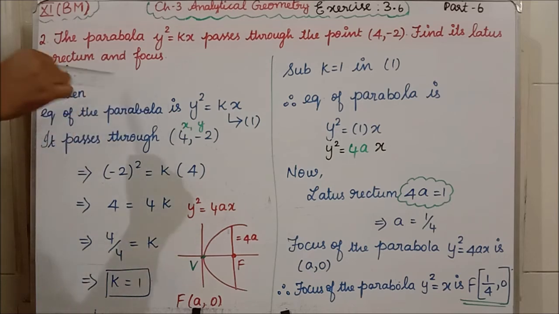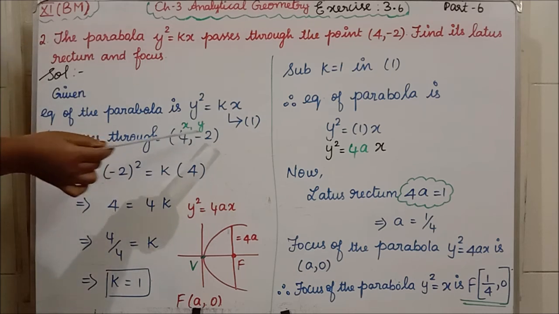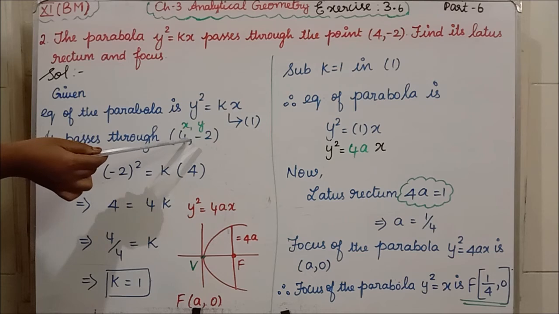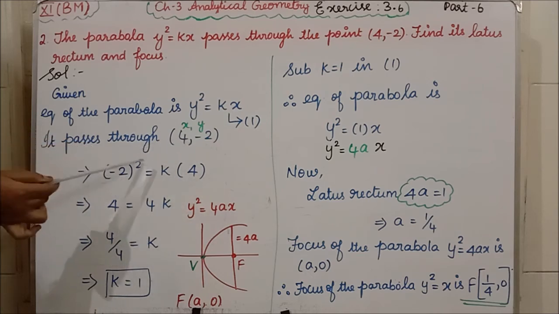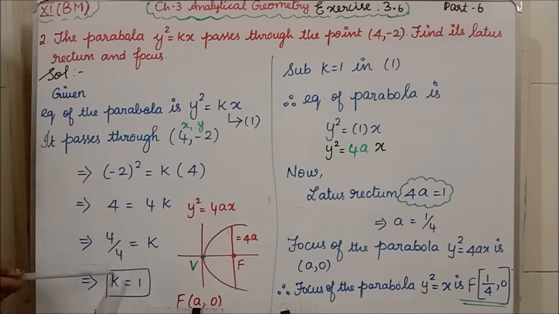So substituting, minus 2 whole square equal to k into 4. Minus 2 whole square is 4, so 4 equals 4k. From this, k equals 4 by 4, which is 1.